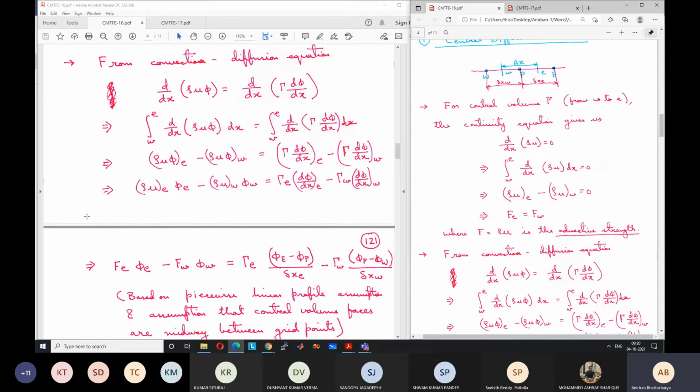And phi has to be interpolated in terms of phi at the grid points because we do not have any value of phi at the interfaces. On the right hand side we have gamma e d phi dx at east. Gamma at east point, we know how to find using harmonic mean or linear mean. Similarly, minus gamma w d phi dx at west point.